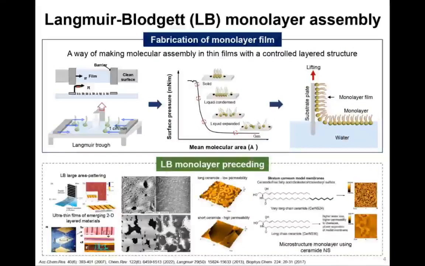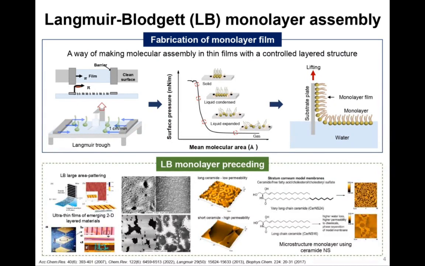So, I used the Langmuir-Blodgett technique to understand the lateral structure and surface arrangement of unknown types of ceramides. The Langmuir-Blodgett technique is a device that shows the behavior of phase transition through the surface pressure increase compared to reduction of area when pressure is applied.